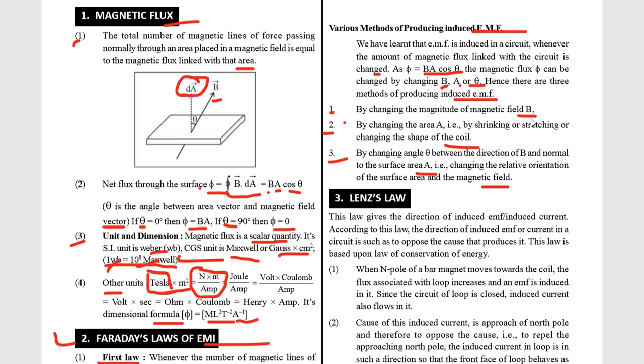First one is the magnetic field, second one is by changing, means increasing or decreasing, the area of the loop or the circuit, and third one is by changing the relative orientation, meaning the angle between the area vector and the magnetic field. So by these three methods you can induce EMF in a circuit.